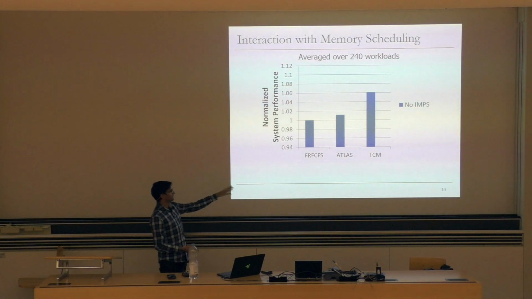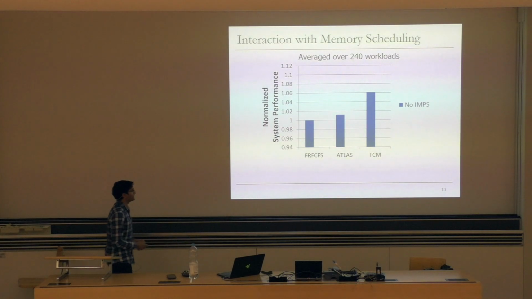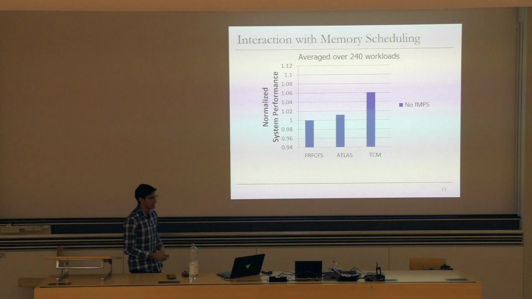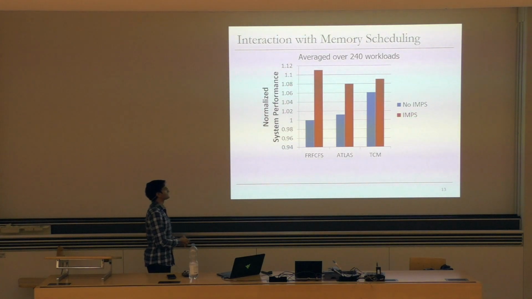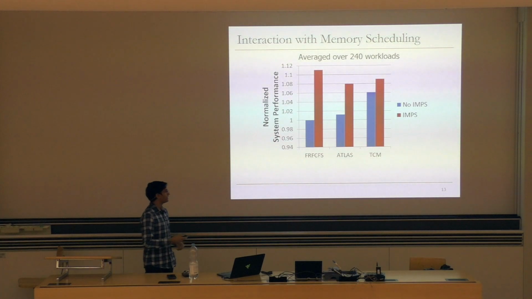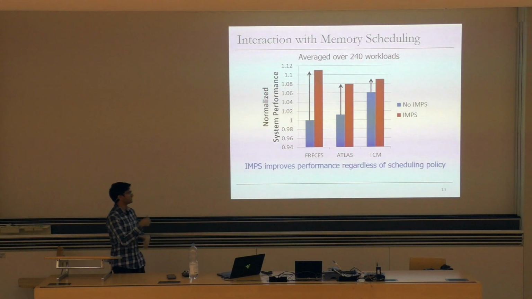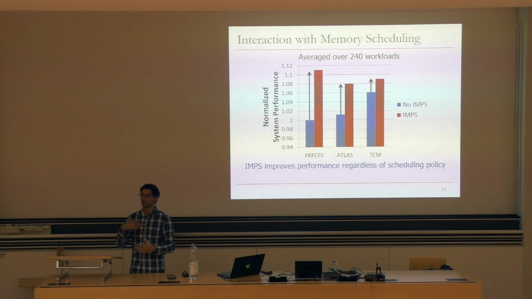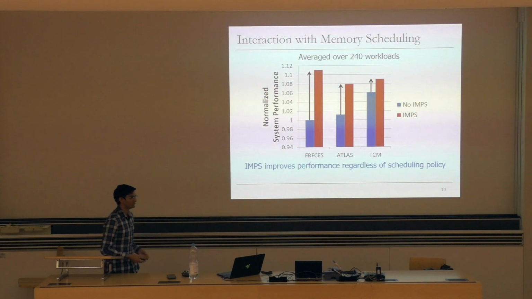The three mechanisms we're studying are FRF-CFS, Atlas, and TCM. Without IMPS, we see some performance benefits relative to FRF-CFS. But as soon as we add IMPS, we see that the performance benefits are relatively significant, right? We see that IMPS actually improves performance no matter which baseline scheduling policy we start with and use to build IMPS on top of.